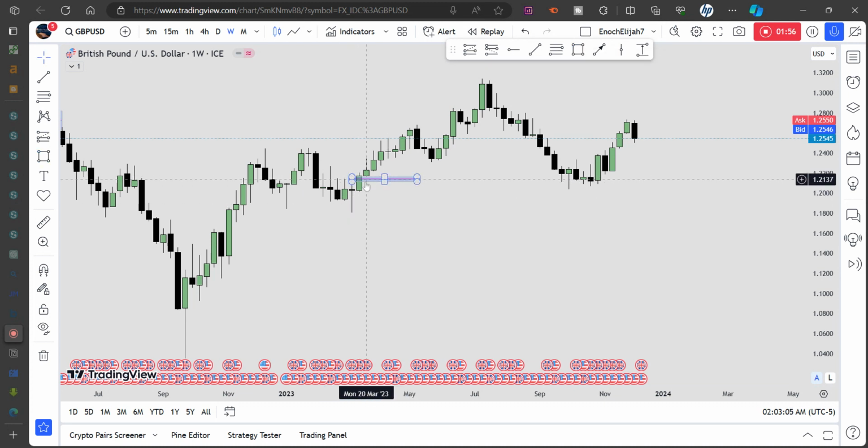Clean imbalance, right? What happened next? Price came back to rebalance it right there, multiple times. It touched it and closed right back inside of it. You can see price respects this imbalance and then reversed higher.